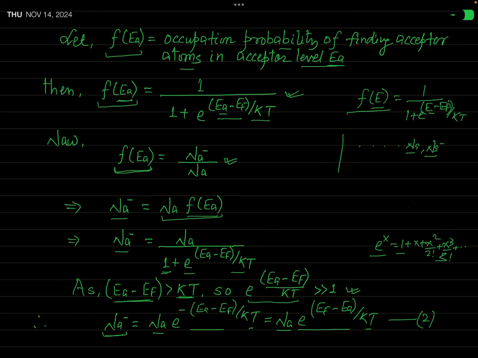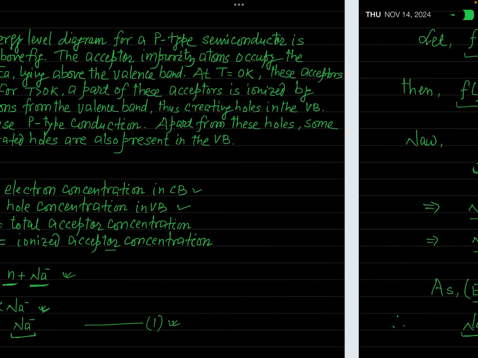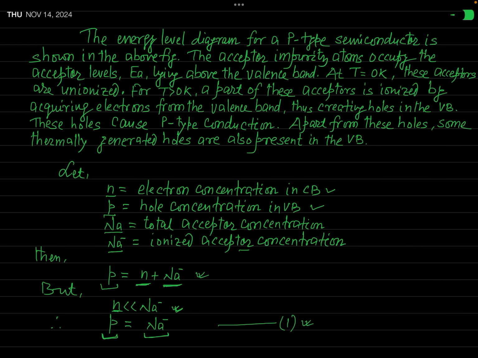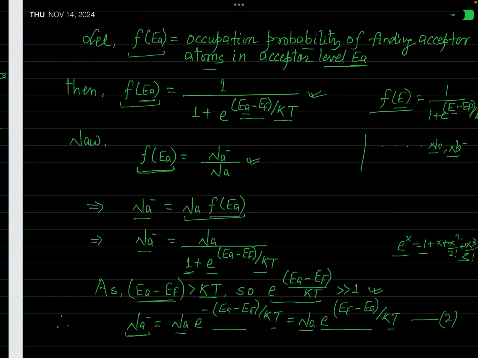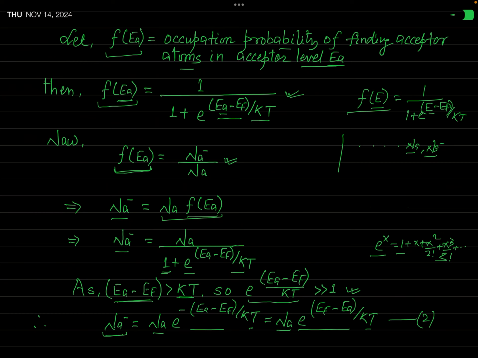Now we will find the value of P, which represents the concentration of holes in the valence band. For this, we will have to think about the idea which we have learned in the calculation of carrier concentration in the case of a pure or intrinsic semiconductor.